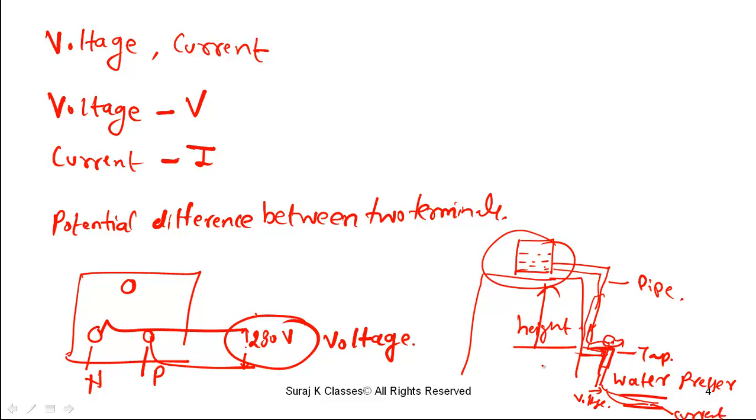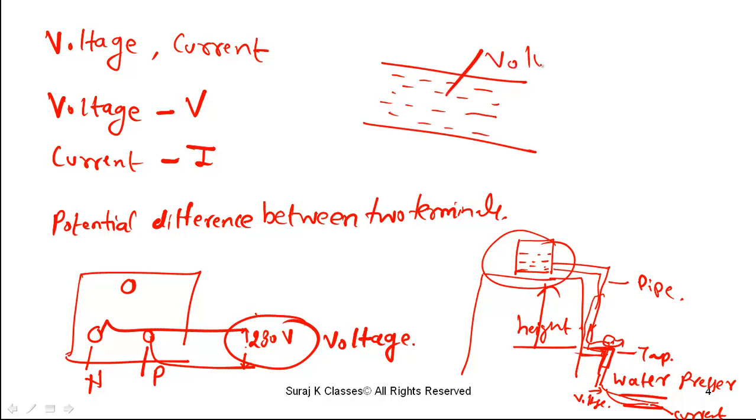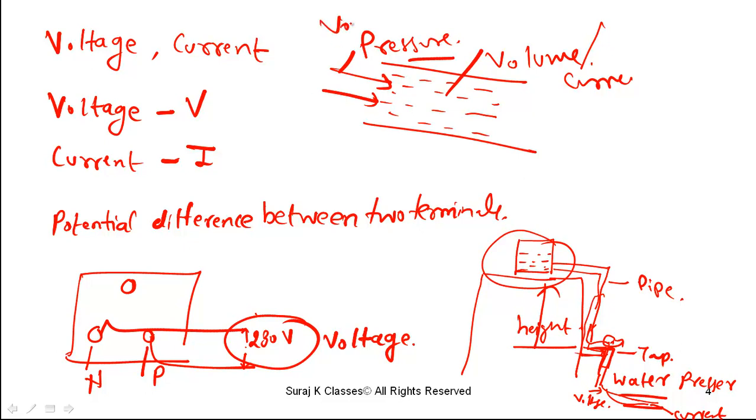The quantity of water that is flowing, this is your water volume, you can say this is current, and the pressure through which it is flowing through the pipe is nothing but your voltage.